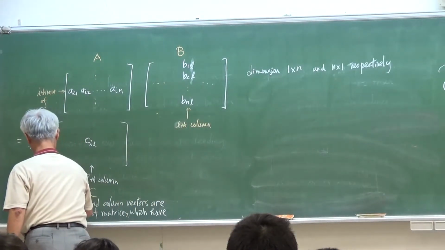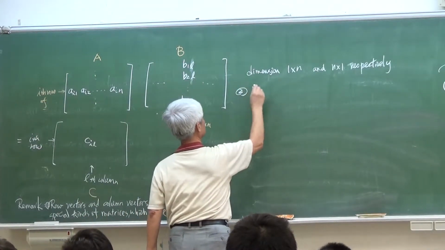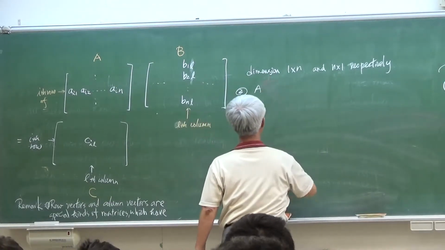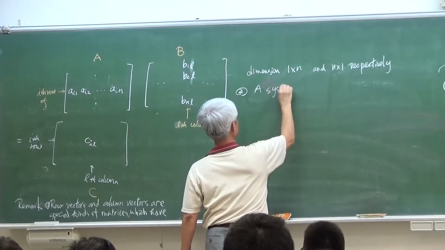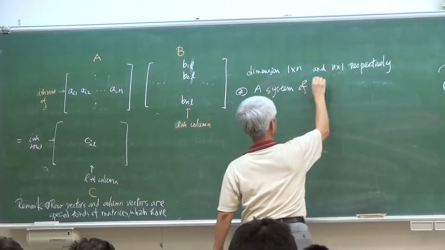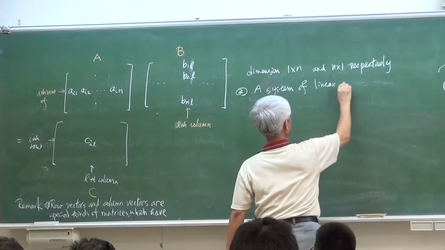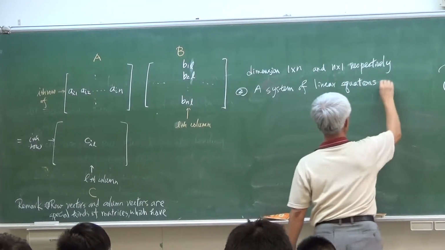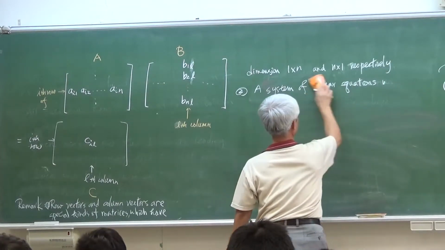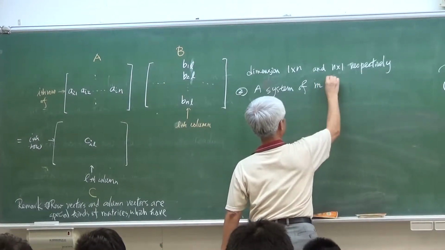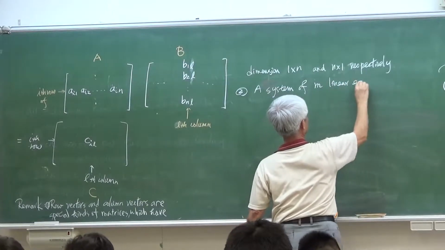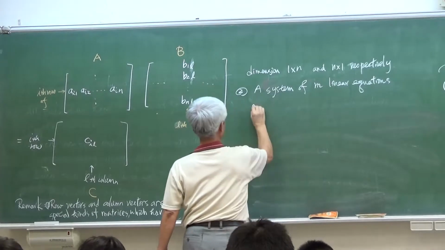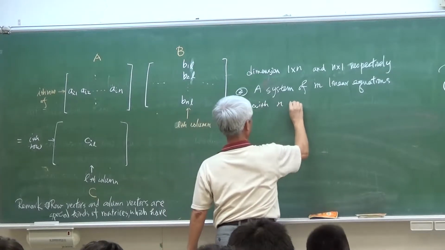Second, a system of linear equations, of m linear equations with n unknowns.